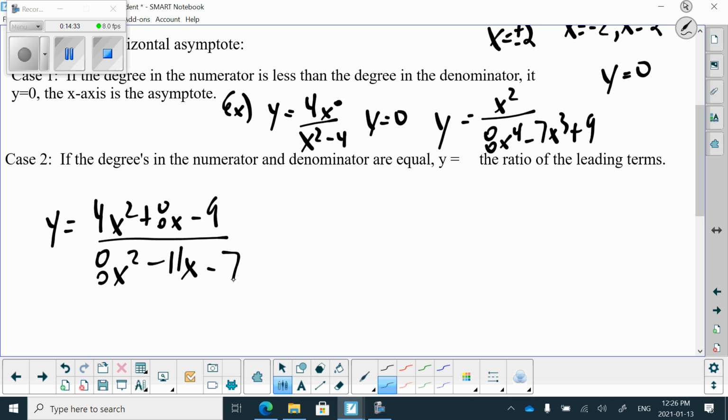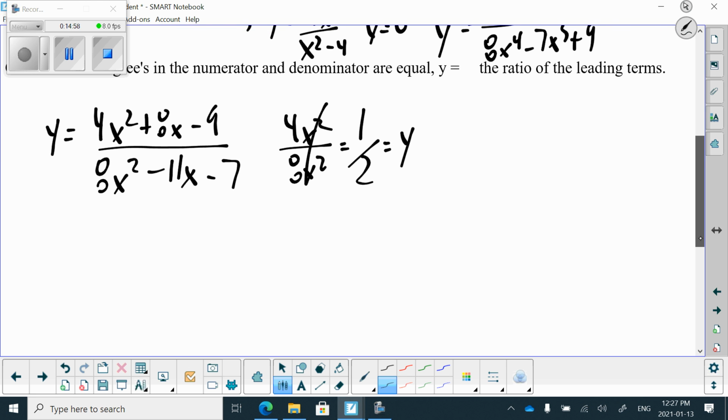So we have to take our leading terms and reduce them, and that's going to be our horizontal asymptote. So our leading terms on this is 1/2. Yeah, so that would be y is equal to 1/2. So whatever it maps out, that's what it is.